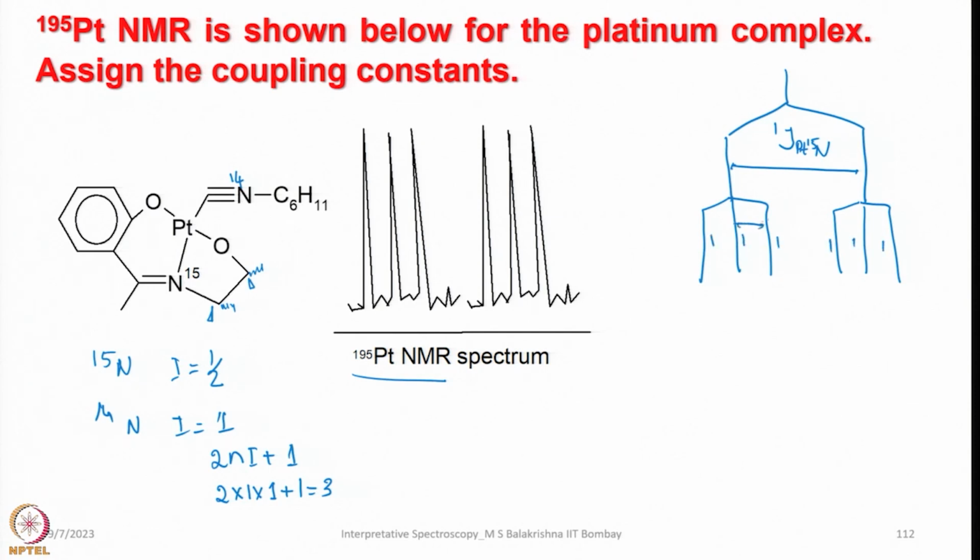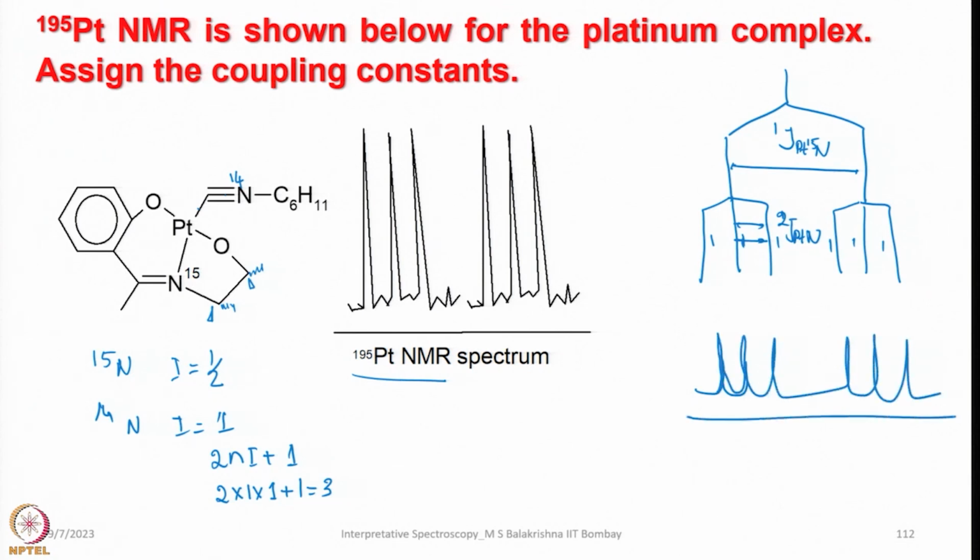Then if you assume this is 2J, this is 2J platinum N coupling, then it should appear something like this. We can correlate this one. This is 1J Pt 15N, and then if you take any of this separation, this is 2J Pt 14N.